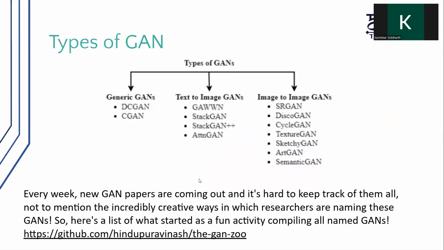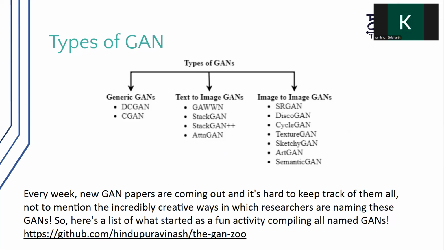So we have different types of GANs here. We have generic GANs, text to image GANs, and image to image GANs. DC GAN and C GAN are very important GANs, whereas in text to image GANs there are GAWWN, Stack GAN and Stack GAN plus plus.